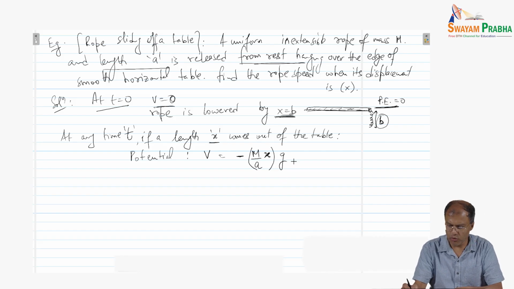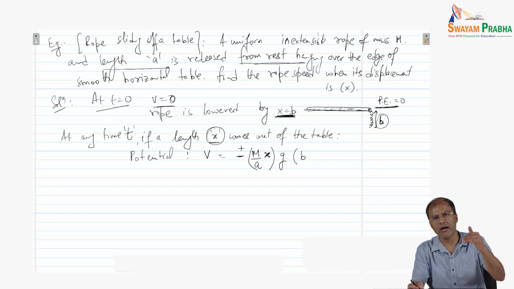So the length which goes down, of course, at t equal to 0, the length which was down was b, right? And at any given time point, we have the x length which is below the table. So we expect that the center of mass of the rope is going to be half of x.